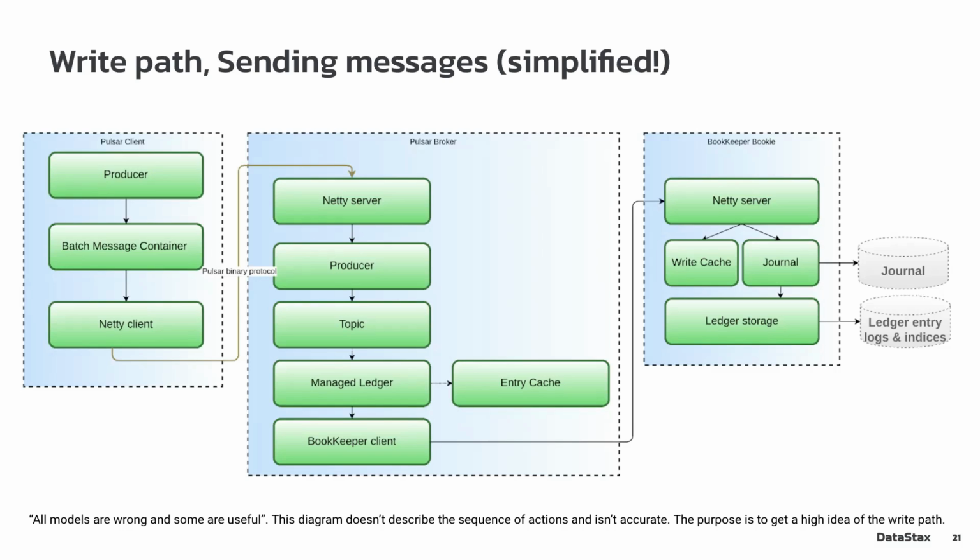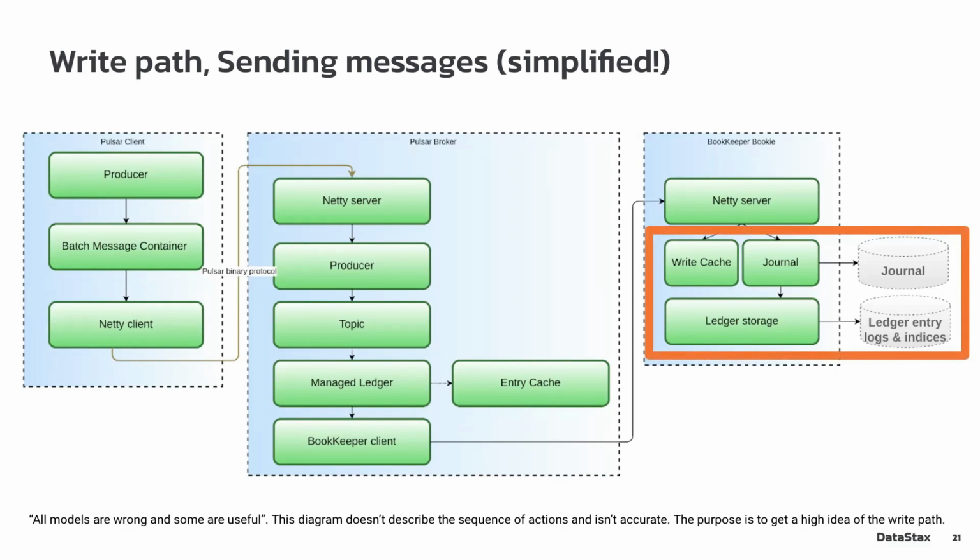When using a replication factor of 2, in the case of Bookkeeper it's called write quorum, there will be 2 calls to store to Bookkeeper. So this part, from the Bookkeeper client to the bookie, will be executed at least twice for each message that is written.